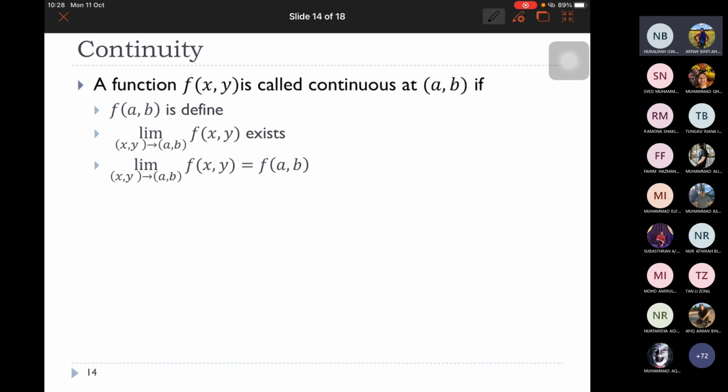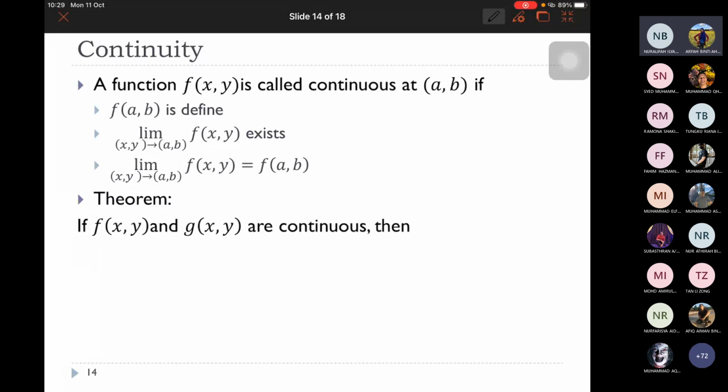Maksud dia, limit as (x,y) approaches (a,b) adalah sama dengan f(a,b). Okay, so nilai dia sama. That means the function is continuous. Then lagi satu syarat dia yang kena fulfill, the limit of f(x,y) as (x,y) approaches (a,b) tadi yang exist, nilai dia akan sama dengan bila kita gantikan dengan value of the function, nilai a dan juga b.